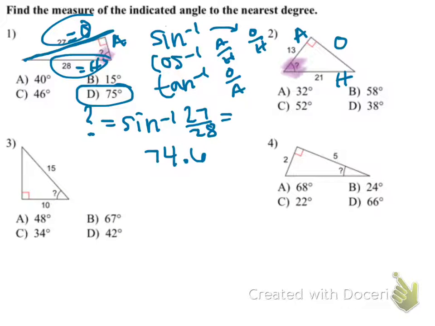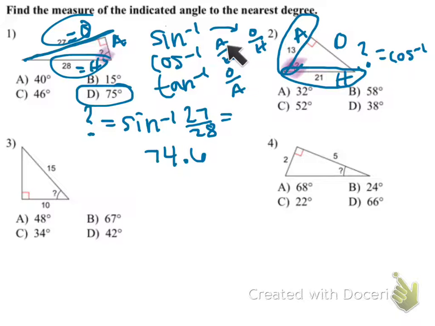So I want to use the sides with numbers, so I want to use A and H, adjacent and hypotenuse. Well, the only one with both A and H is cosine. So my question mark equals the cosine inverse of my adjacent over hypotenuse.